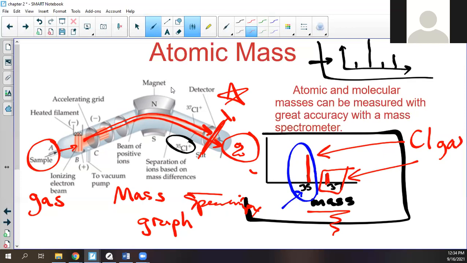So this is basically how a mass spectrometer works. They take a sample of whatever atom or whatever they're studying. It doesn't have to be an atom, it can be a molecule, whatever. Whatever they're studying, and they make it a gas. And then they ionize it, so it picks up more electrons than it should have. Then they fire it through this extremely strong magnet.